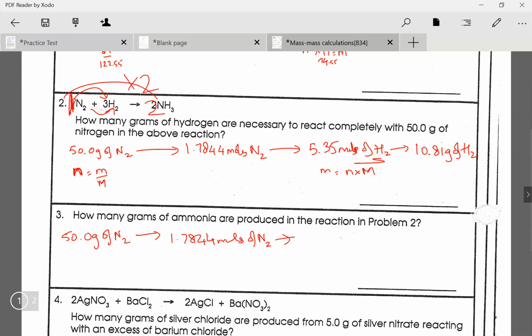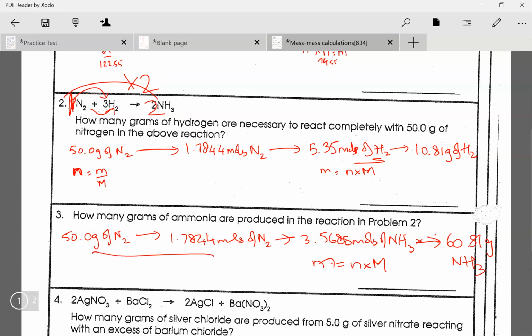So 1.7844 moles of nitrogen times 2 is 3.5688 moles of ammonia. And again, mass equals number of moles times molar mass. So I multiply this by the molar mass of ammonia, which is 17.04, to give me 60.81 grams of ammonia.